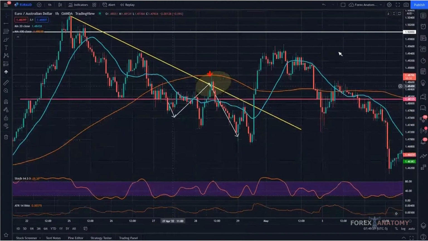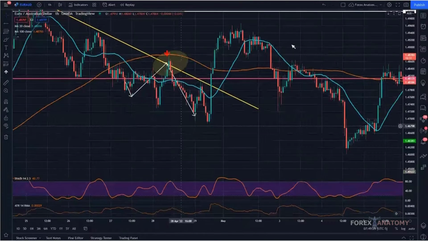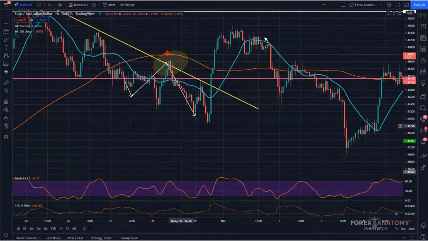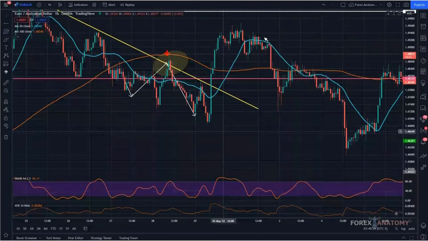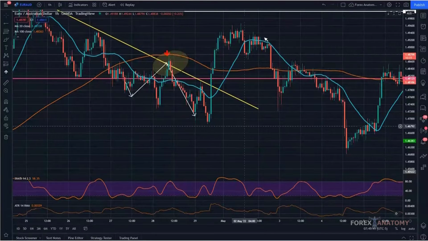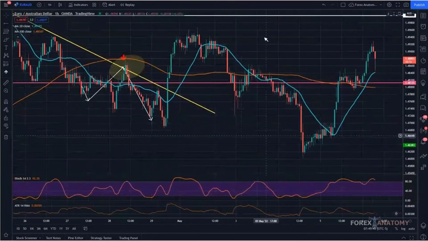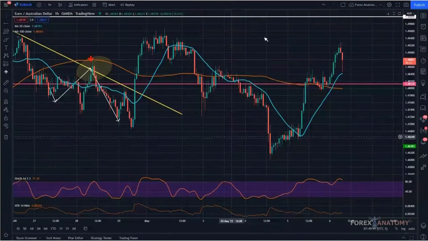Of course, when we go through these setups, monitor them on your own as well. Don't depend on us to tell you every single time when price reaches an area, when to enter a trade, because we could be busy doing other things. That's the reason why we do this analysis, so that you guys at least know what to do when price gets to a certain area.